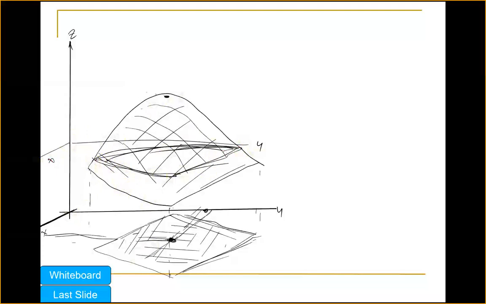So because of that, you don't really talk about root finding with multidimensional problems, because you don't necessarily have a value of x or y where the function equals 0.